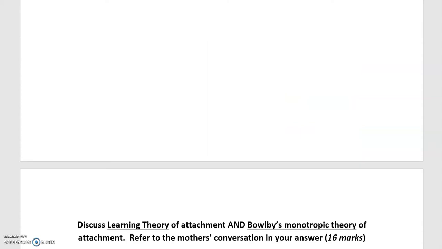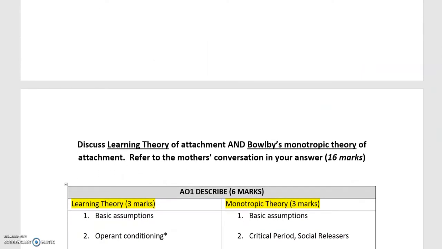I'll scroll down here. Okay, so the question was, discuss learning theory of attachment and Bowlby's monotropic theory of attachment and refer to the mother's conversation in your answer for 16 marks. So there's a lot to do in this essay, which if you were to get something like this in an exam, is why planning is so important.